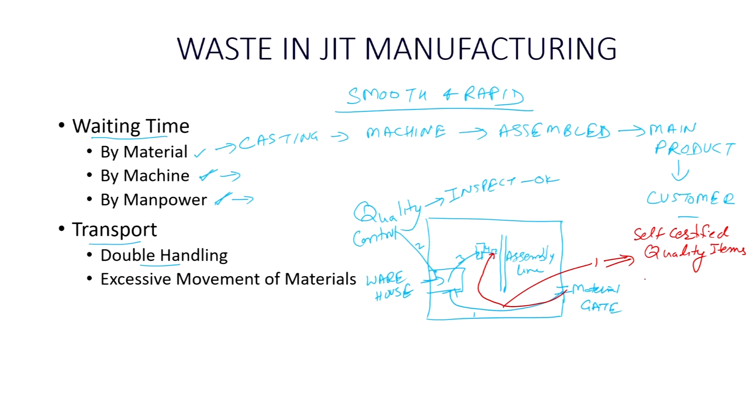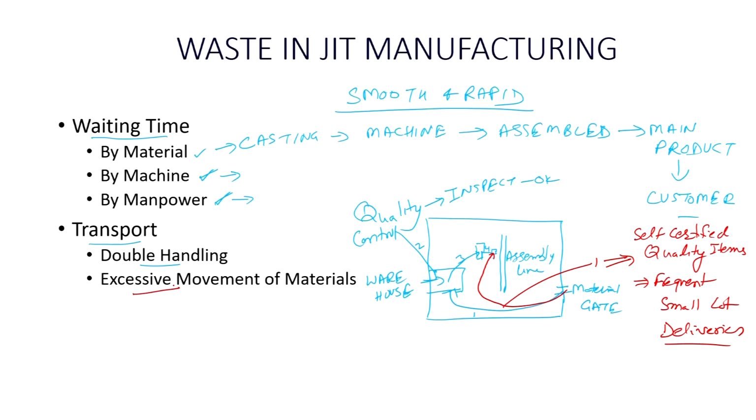Second, you cannot store 10 days of material near the line, it has to be frequent small lot deliveries. So, you have to develop your vendors close by, so that they are able to deliver maybe 8 times every hour or every 2 hours, right at the point of application, point of usage. So, this is how double handling, multiple handling can be reduced.